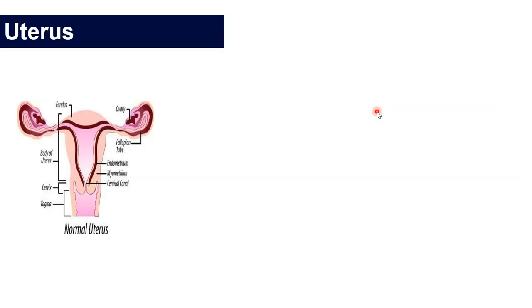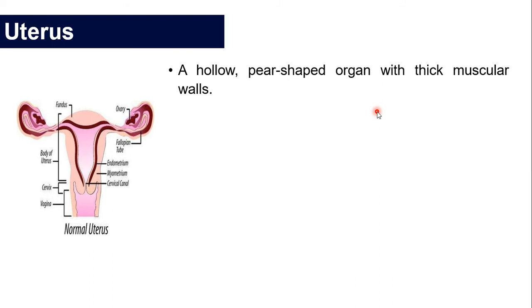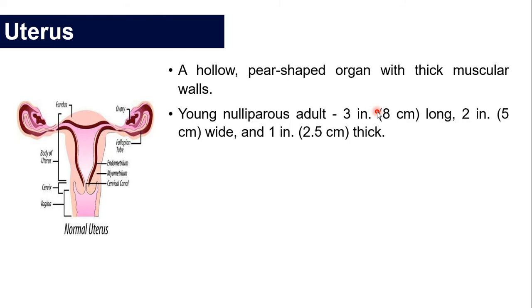The next organ is the uterus. The uterus is a hollow pear-shaped organ with thick muscular walls. In a young nulliparous adult, it is 3 inches or 8 centimeters long, 2 inches or 5 centimeters wide, and 1 inch thick. It has its own parts also.